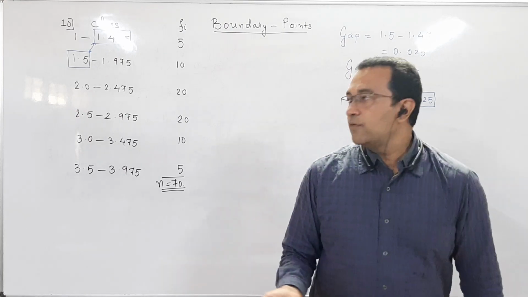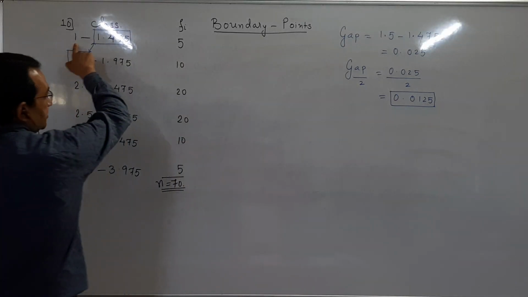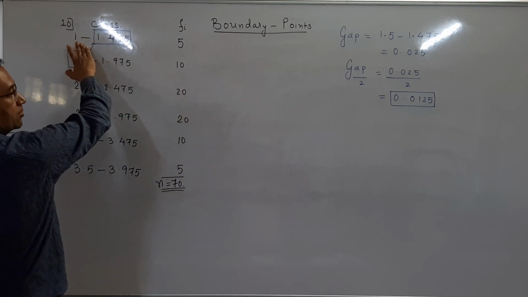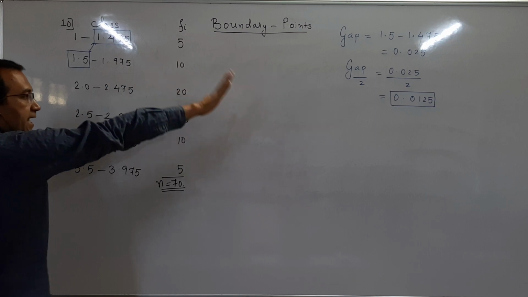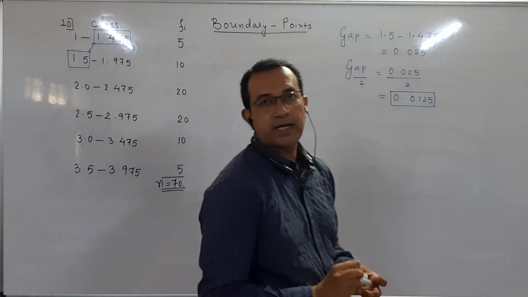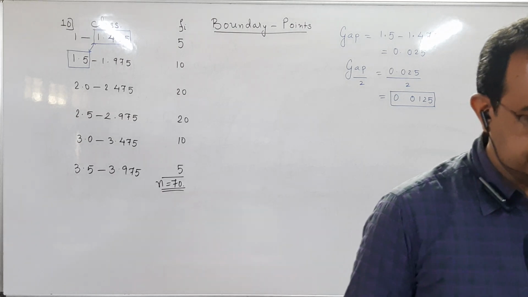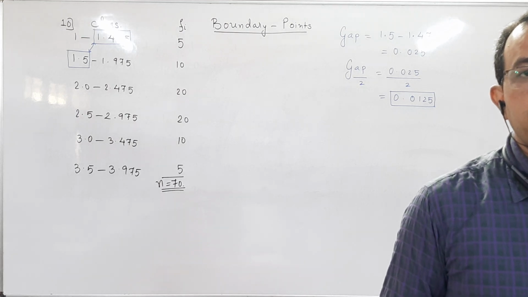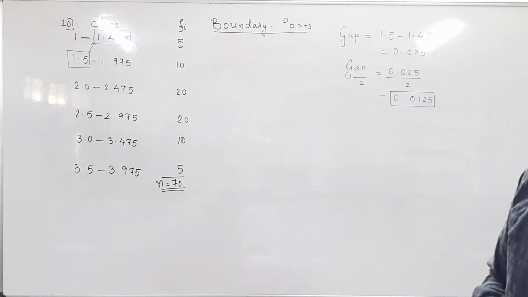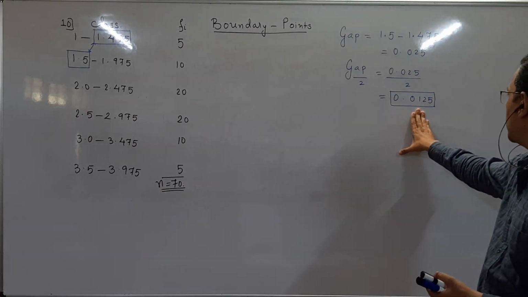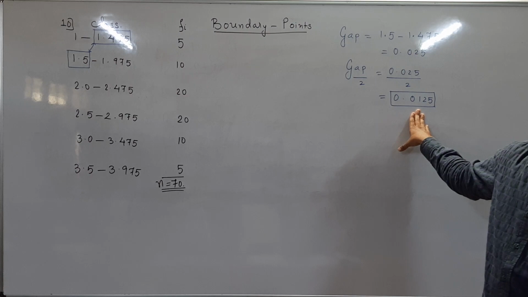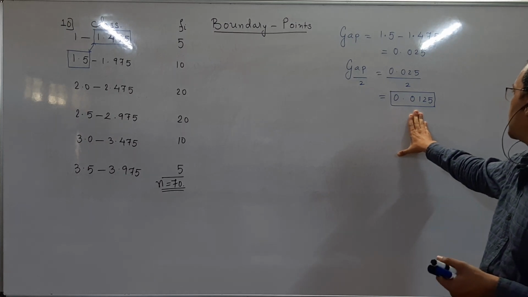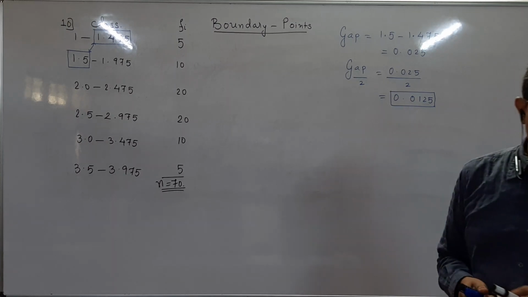Third step, from the lower limit subtract half of the gap, which is 0.0125, to get the lower boundary point, and to the upper limit add 0.0125 to get the upper boundary point. Clear?